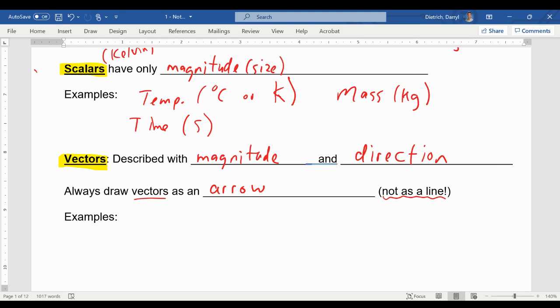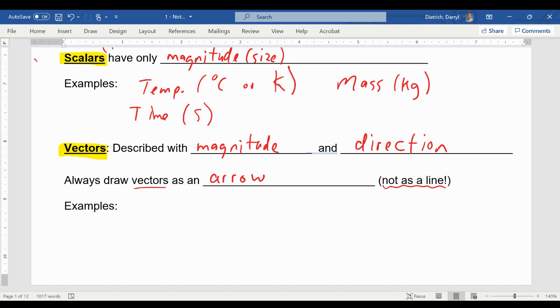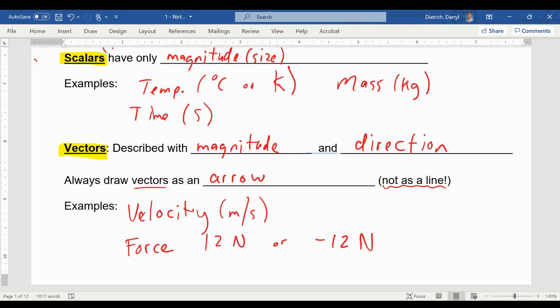As opposed to vectors, when we start talking about things that have direction, things like velocity. Velocity, we'll talk about in units of meters per second. Forces are another example, like 12 newtons, or we would use a negative sign if we're pulling in the opposite direction.